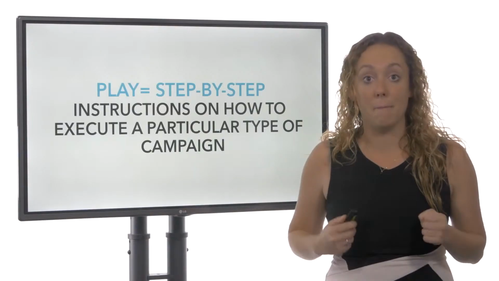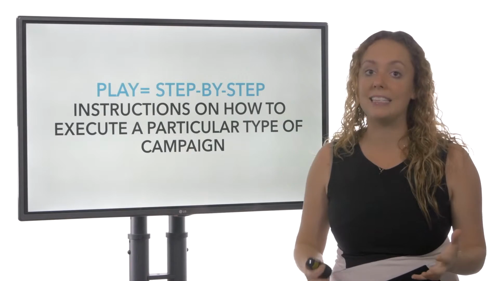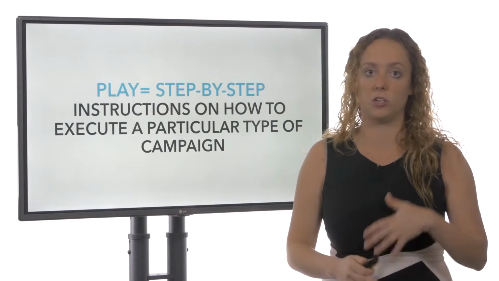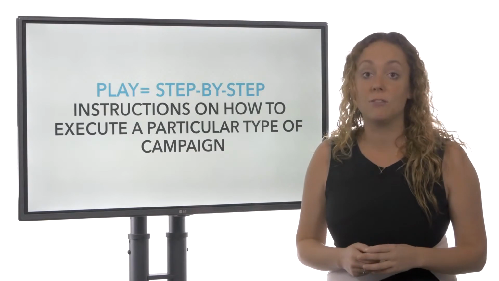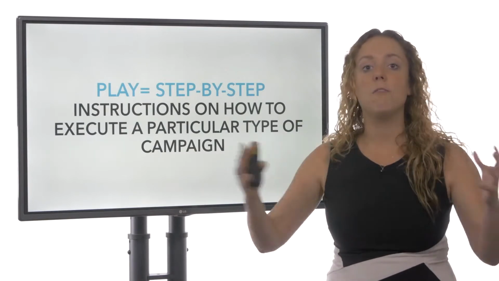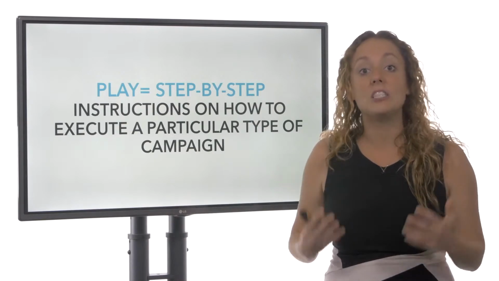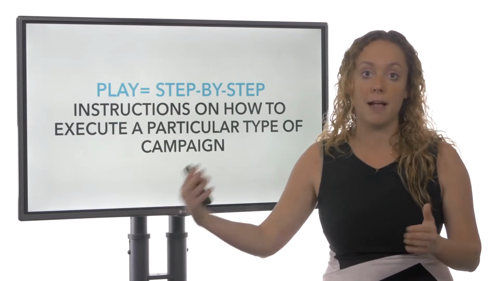So a play is step-by-step instructions on how to execute a particular type of campaign. As most of you guys know, there are lots of options inside of Facebook in terms of what kind of objective should I choose, and different strategies, different ways we can go about executing different types of campaigns.